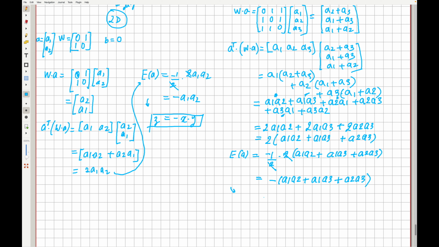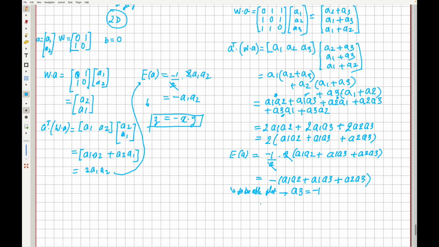When we are plotting in Desmos, we can only plot 3D, and we already have 3 variables A1, A2, A3. We cannot plot 4 dimensions, so what we are going to do is set A3 equal to minus 1, just for the sake of plotting purposes.